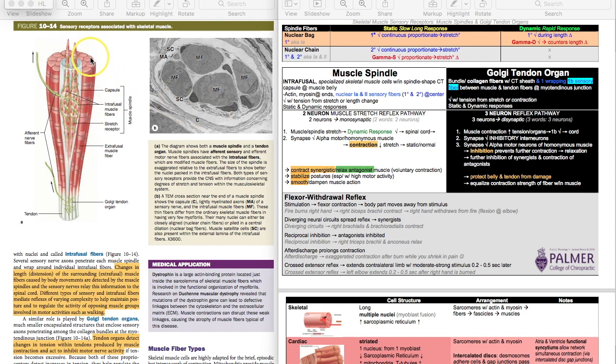This picture on the left, out of Joan Chiera, figure 1014 in the 13th edition, is showing you a muscle spindle right next to a Golgi tendon organ, but the size is grossly exaggerated on this muscle spindle. It's larger than it would be, and you probably wouldn't have these two organs so close to each other.